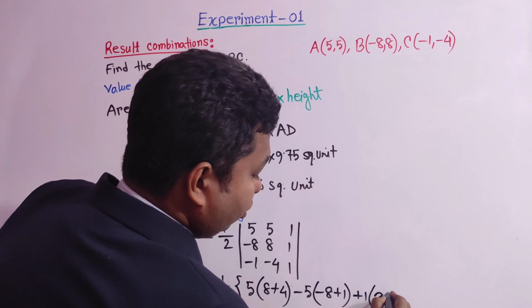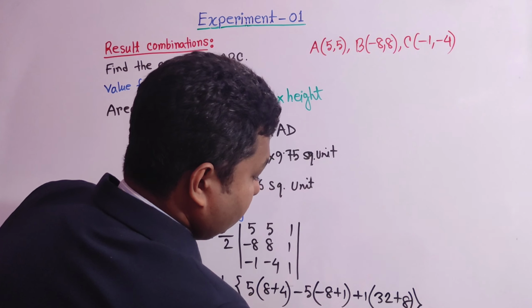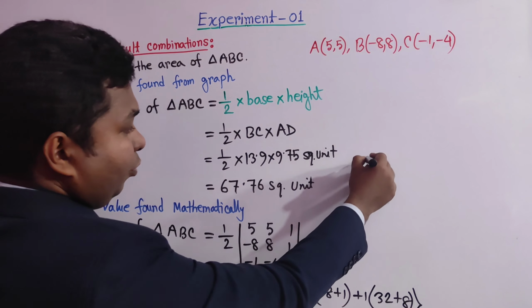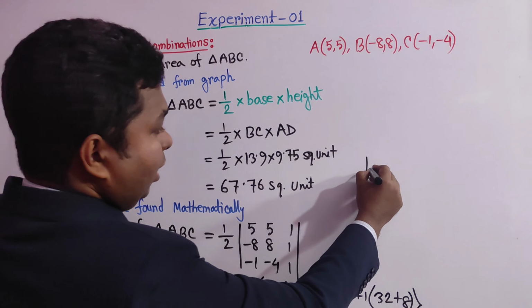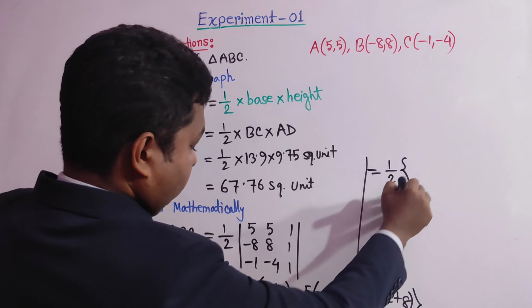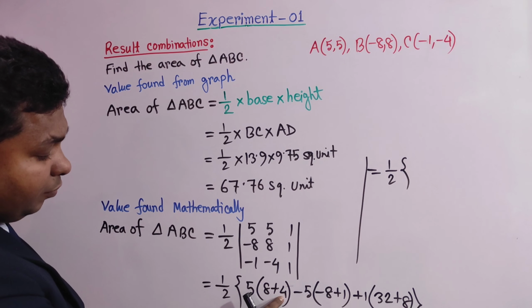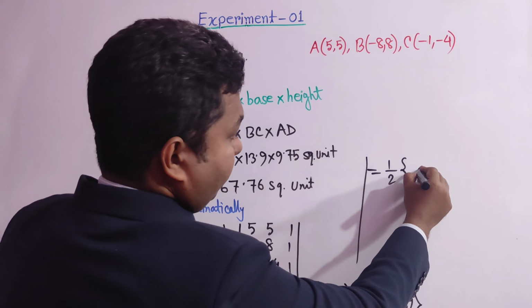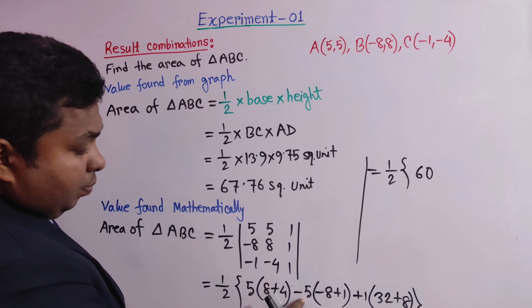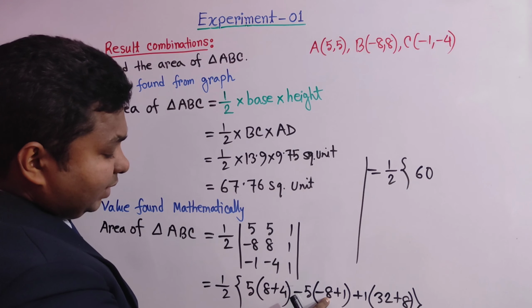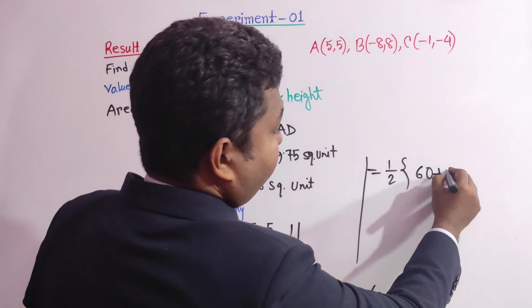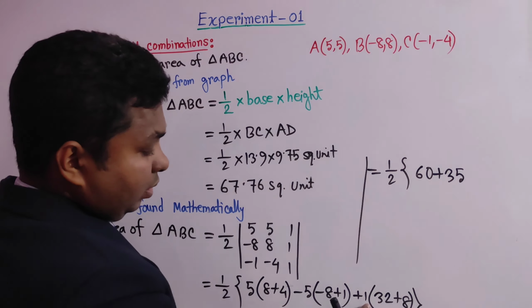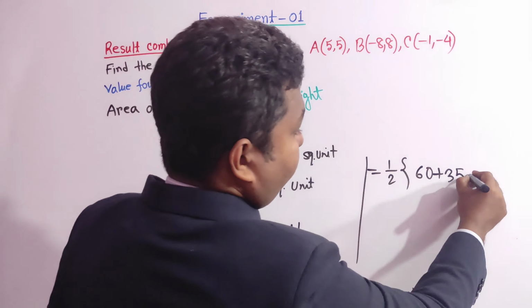So 32 plus 8. Then by simple calculation we get here half, 5 into 12, that is 60, minus 5 into -7, that is plus 35, then 1 into 40, so plus 40.